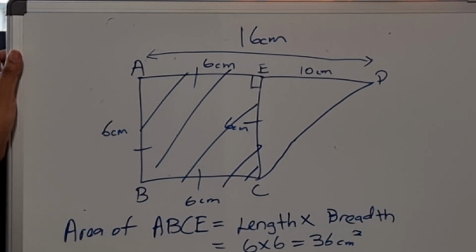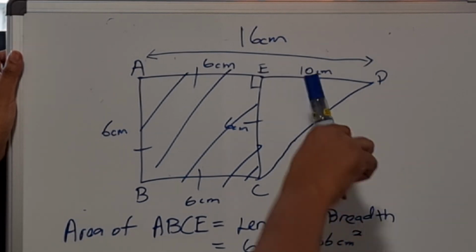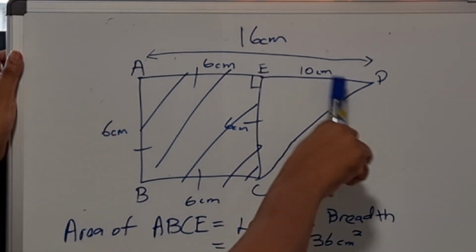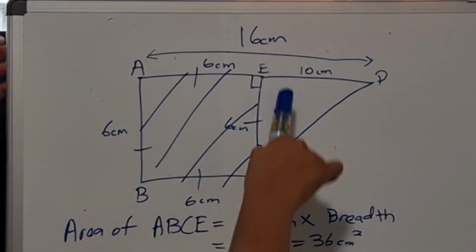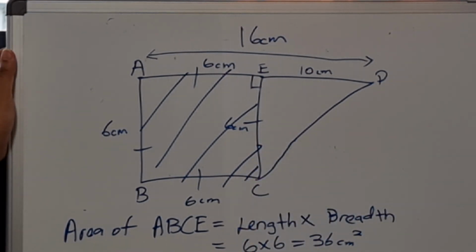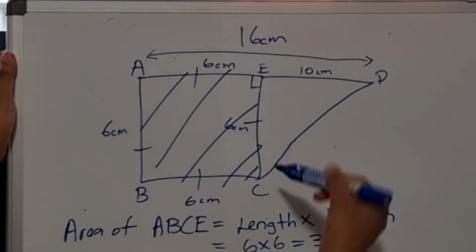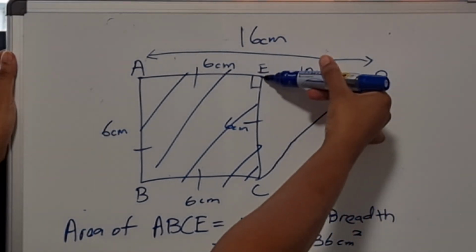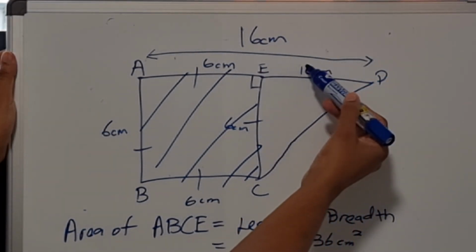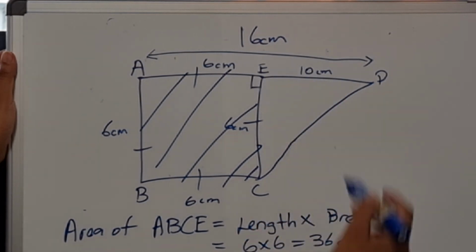So half times, okay, base is this one, 10, and height is 6. You see, this is the height, the length that touches the base, and it's at 90 degrees.